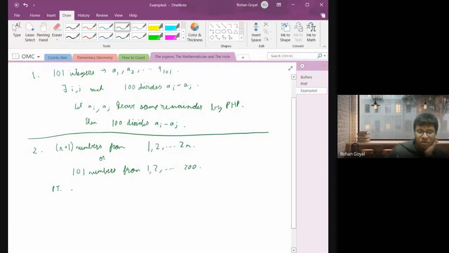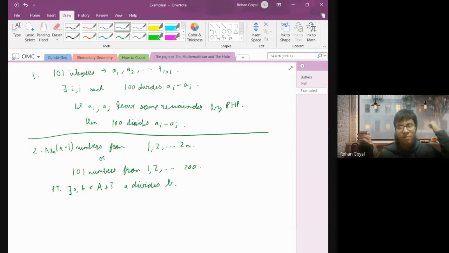Prove that there exist, let's say A is the set, a, b in A such that a divides b. Like if you have 101 numbers from 1 to 200, then there will be two numbers where one of them divides the other.